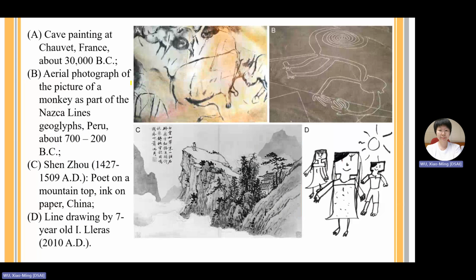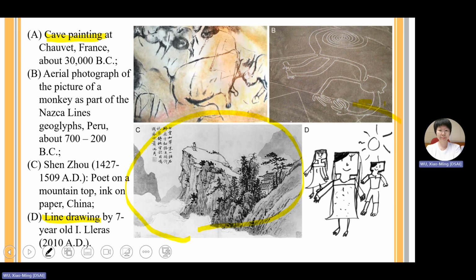Why are edges important? Here you can see some paintings and line drawings by a 7-year-old. C is a Chinese ink painting, A is a cave painting, and this is an aerial photograph.